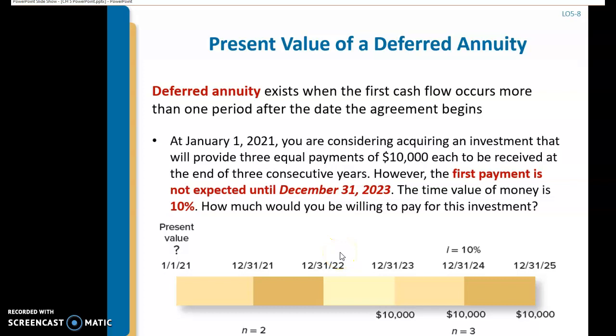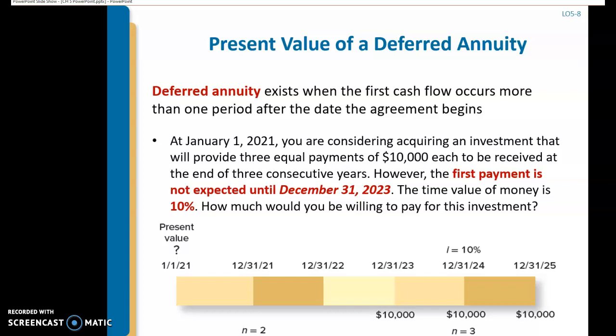Beginning on page 253 of your textbook, the text begins to discuss a deferred annuity. A deferred annuity exists when the first cash flow occurs more than one period after the agreement begins.